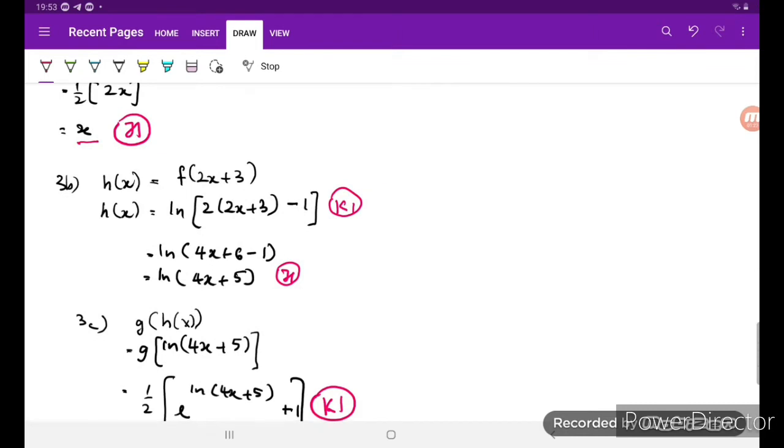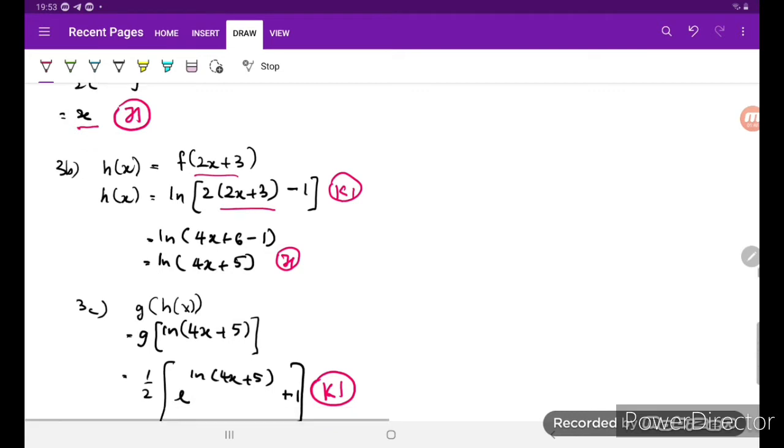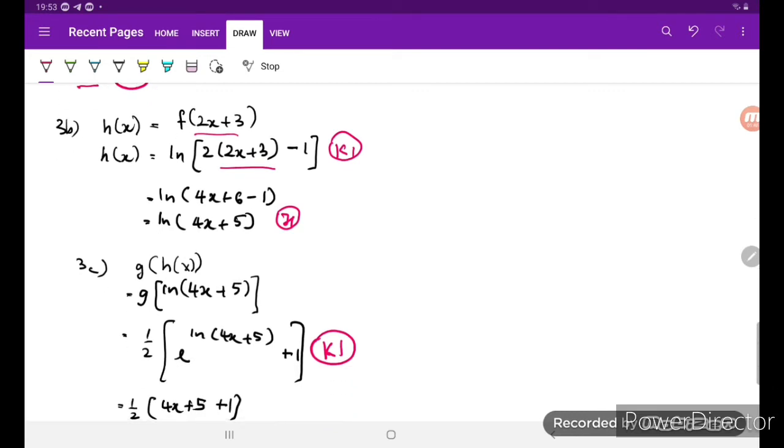3b, you want to find h of x. When given h of x is equal to f of 2x plus 3, so you substitute function f inside function h. Okay, you get K1, and then the answer ln of 4x plus 5, J1, 2 marks.